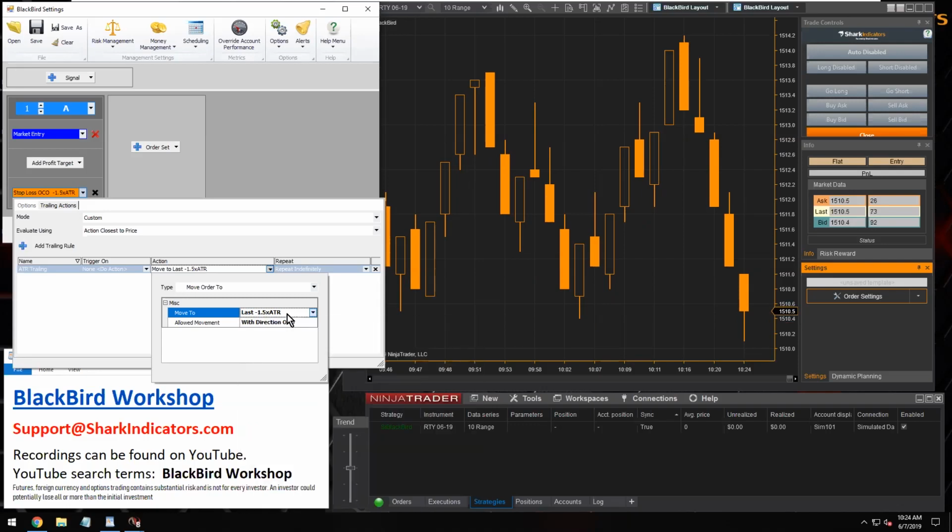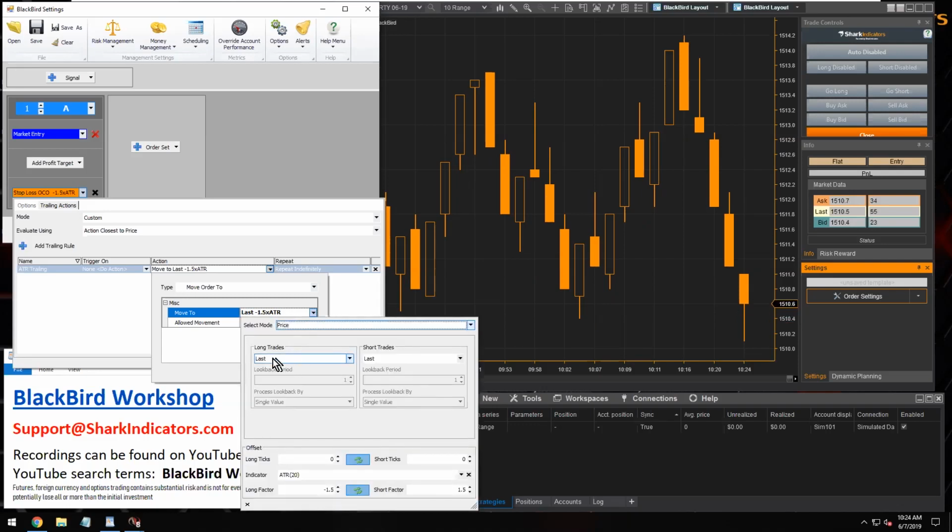So if we open this up, now we can see it's taking the last price. Keep in mind that the reason the last price is used for the trailing is because the entry price never moves. If you use the entry price, then that stop loss would never move, because the entry price is never going to move unless you scale in.